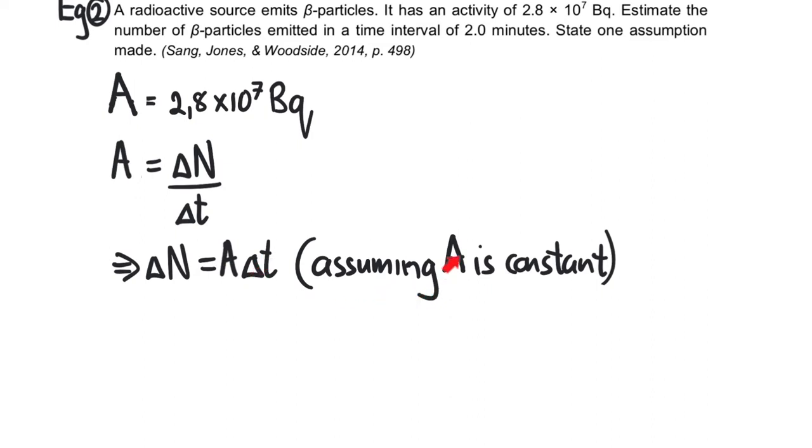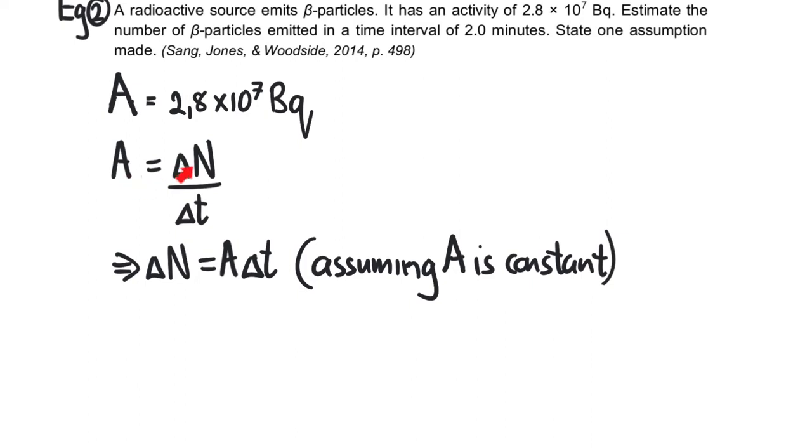But this is assuming A is constant, and that is the assumption, which, depending upon the time interval, if this is a significant time interval, this becomes more and more inaccurate. The smaller the time interval, the more accurate it becomes. So in actual fact, we should be working with the derivative of N with respect to t.